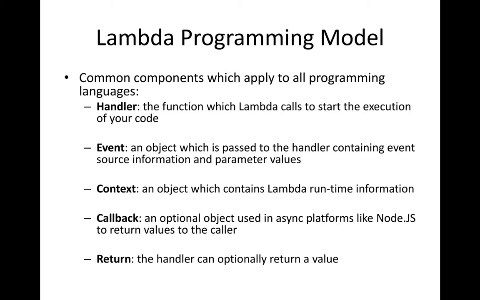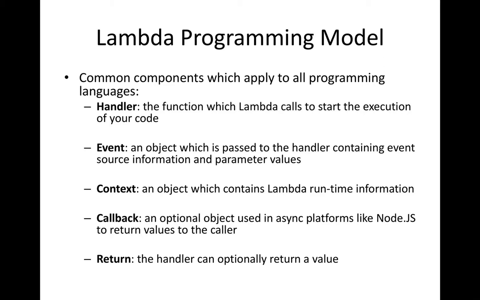The event is an object which is being passed into the handler function, and that event contains some event source information and parameter values. Remember, a Lambda function has to be triggered by some sort of event. And whatever is triggering that Lambda function is going to pass an object into the Lambda function, which contains some information about that event.